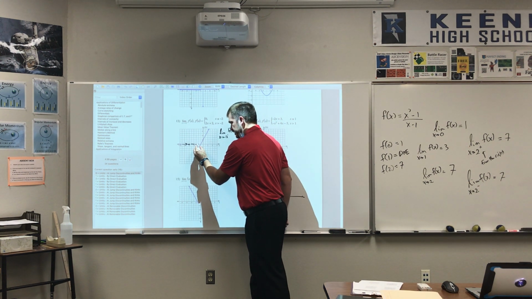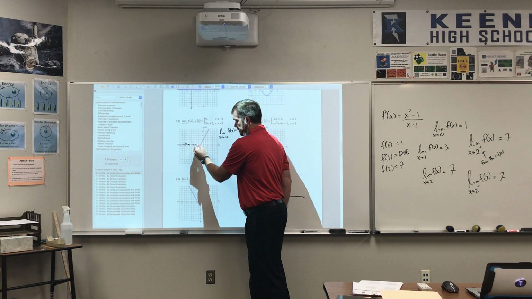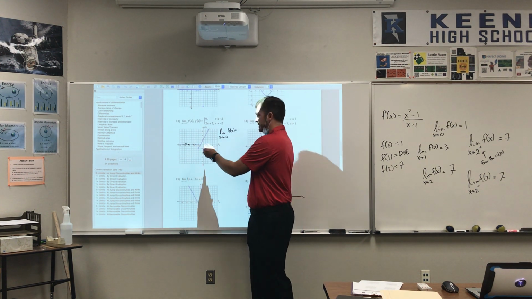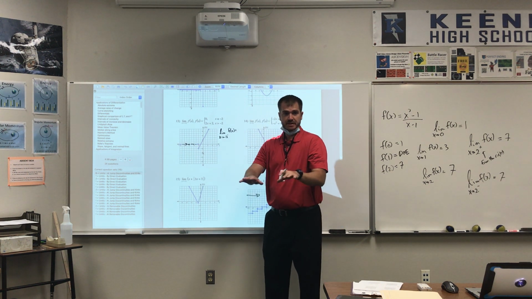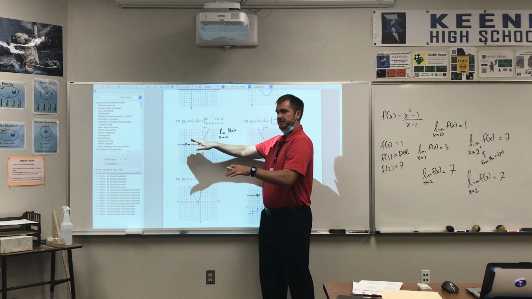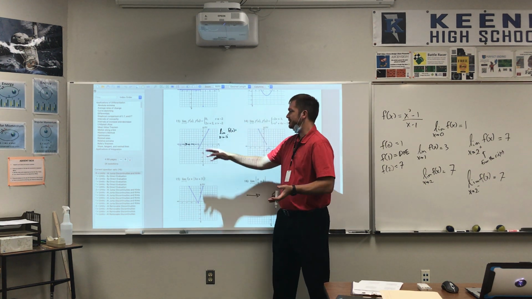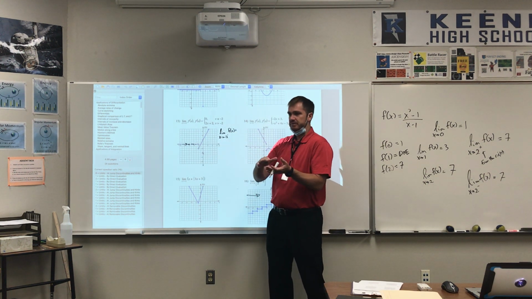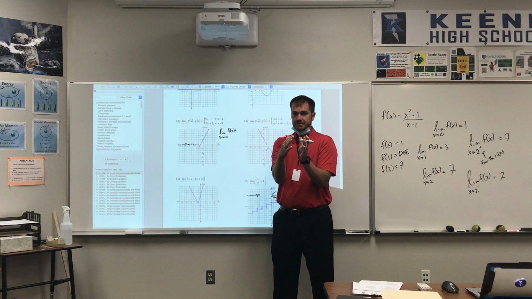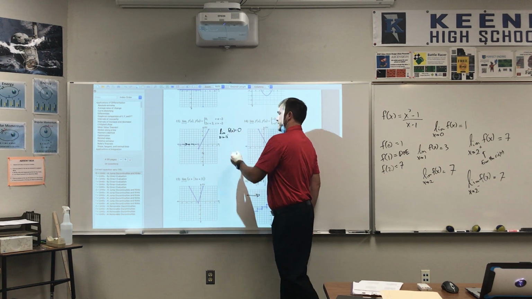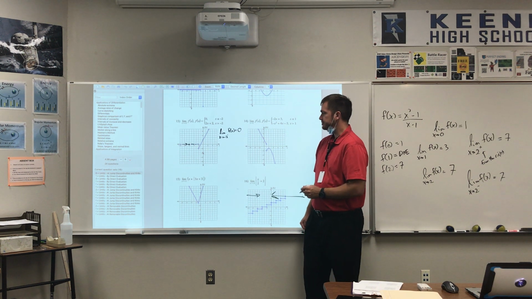Y value right here? -2 and 0. So I'm not at -2, but as I'm getting really close to -2, what's the y value? It's still 0. You all see what I'm saying? It's 0, it's 0, it's 0. So what is the function approaching? What is it getting closer to as the x value is getting close to -2? 0. Okay? Good.